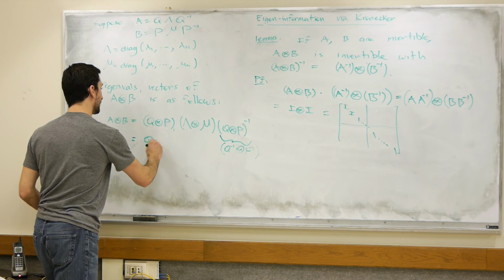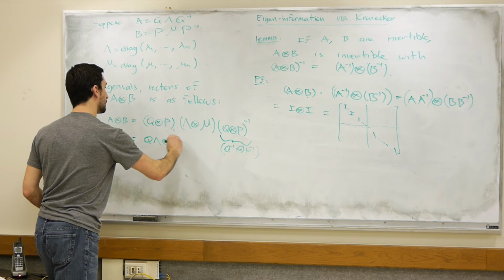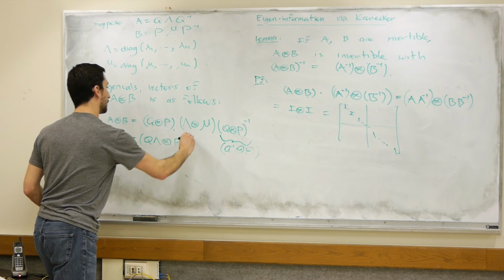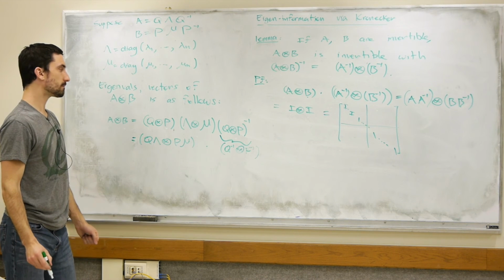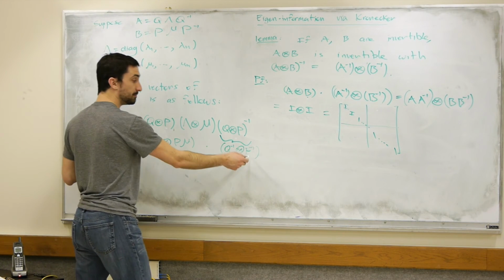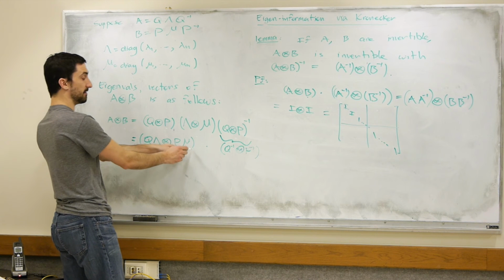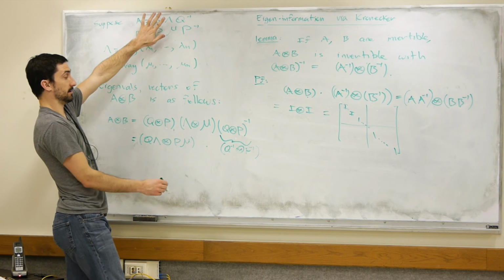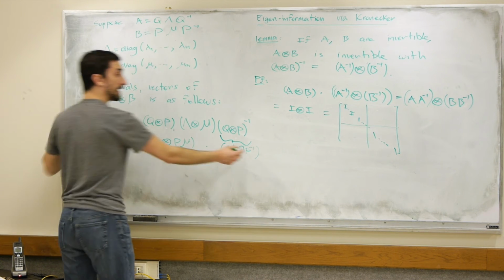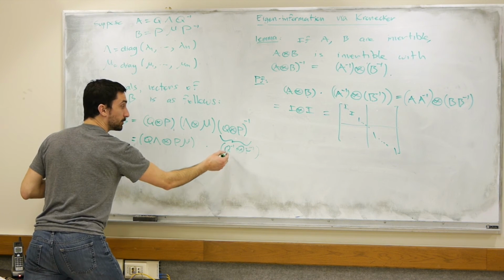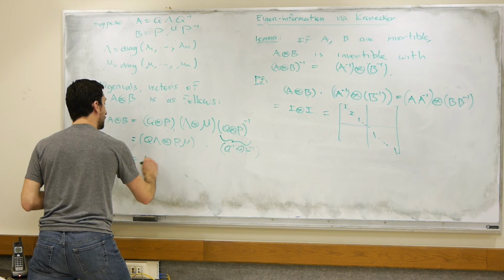So we get this. Once again, Q inverse and P inverse are compatible with this and this, based on that assumption. So we can pass the standard matrix multiplies across the Kronecker products, and we get this.